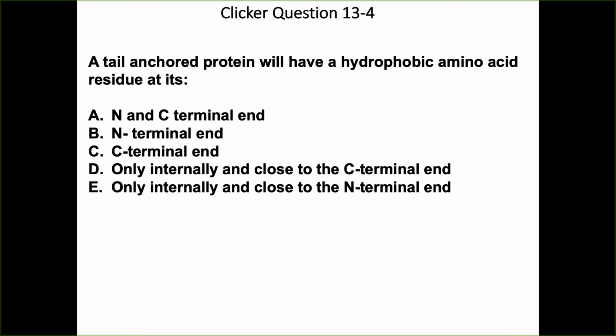So this gives you an overview of how you can determine a protein's nature just from its sequence. So let's do the last two questions. A tail-anchored protein will have a hydrophobic amino acid residue at its N-terminal end, C-terminal end, only internally close to the C-terminal, or only internally close to the N-terminal.